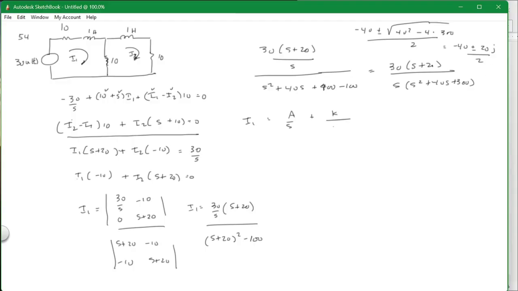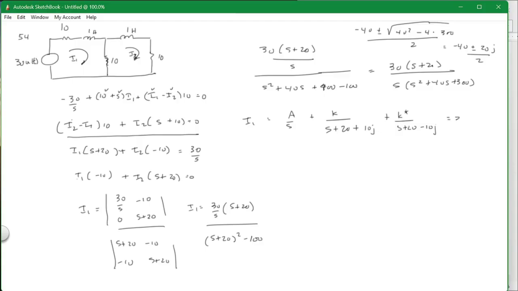It's K over S plus 20 plus 10j plus K star over S plus 20 minus 10j. Everybody see that? Now you go to war. Now you're final. Now you're down to the easy part. All right? So what's the easy part? Well, now I have to set this up equal to what?